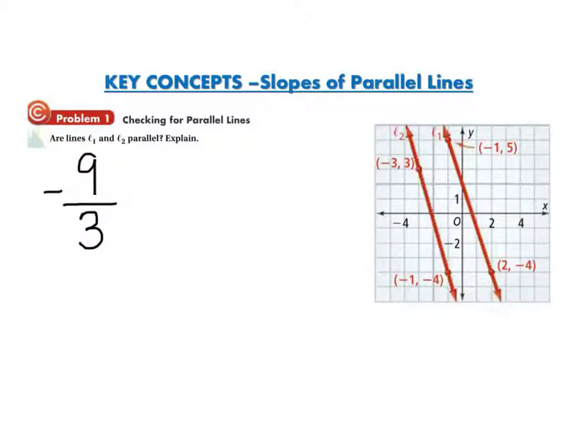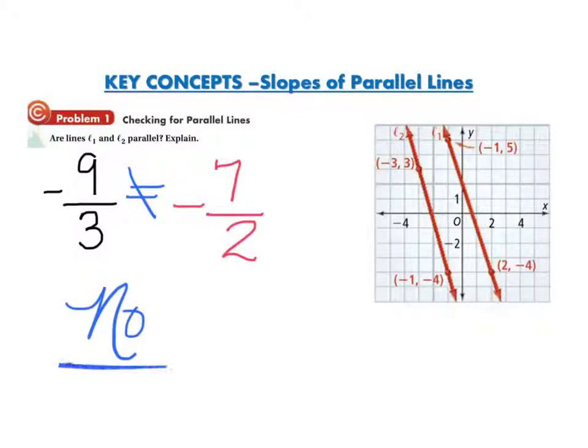First of all, we know the slope is negative, but the difference in the y values is 7, and the difference in the x values is 2. Since negative 9/3 is not equal to negative 7/2, we know that those two lines are not parallel.